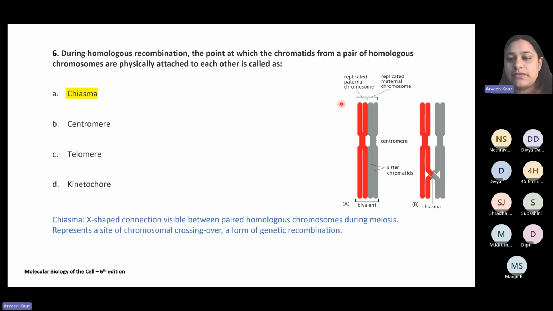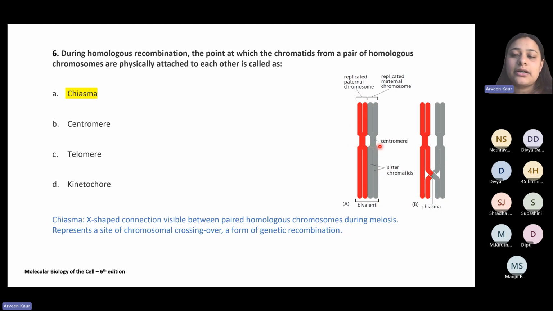So, for example, this red one is one homologous chromosome, the paternal chromosome, and the gray one is its other homologue, the maternal chromosome. The two arms in the gray one are sister chromatids among themselves, and the two arms in the red one are sister chromatids among themselves. One red and one gray arm are non-sister chromatids.